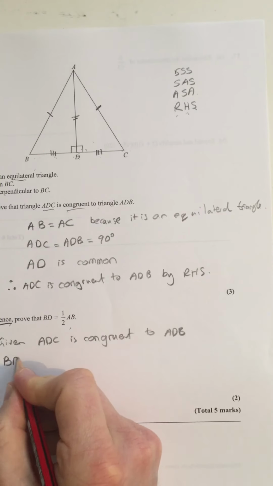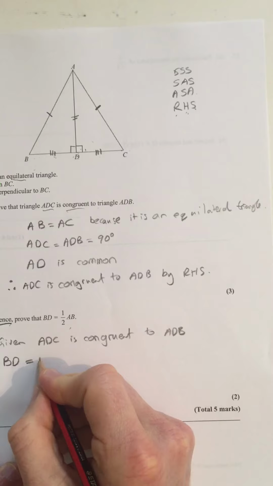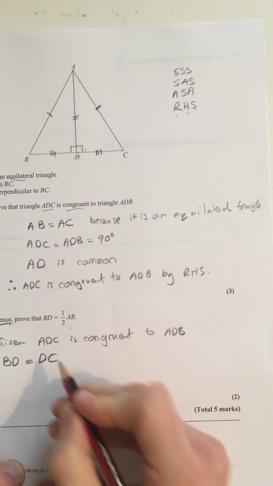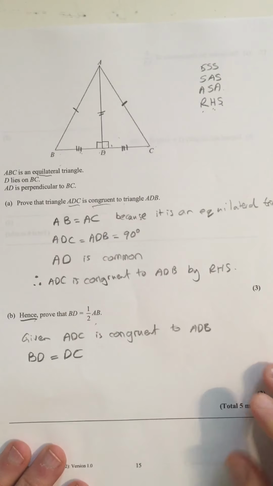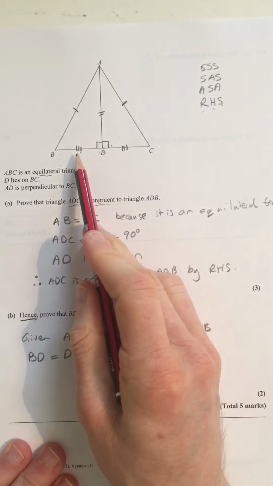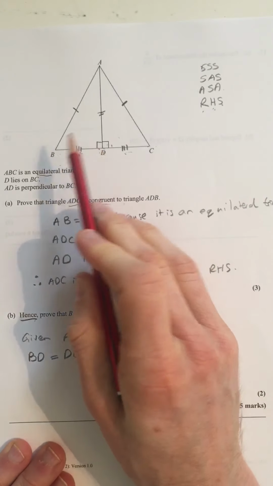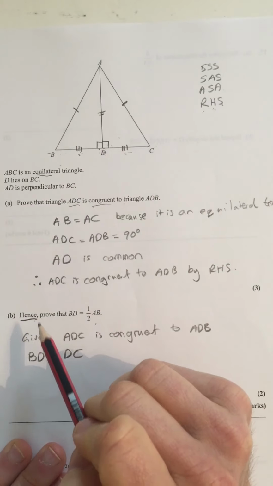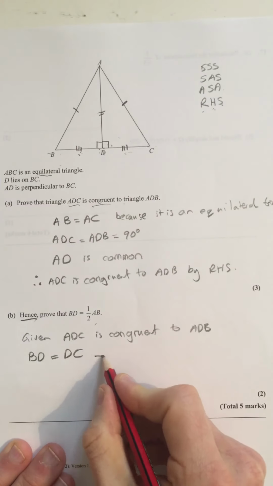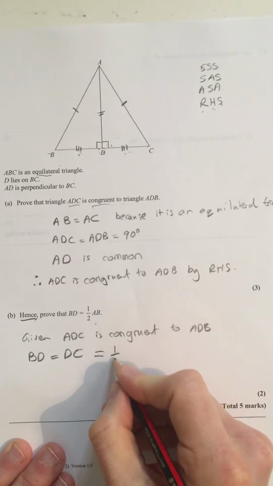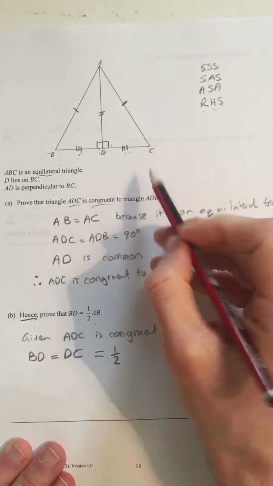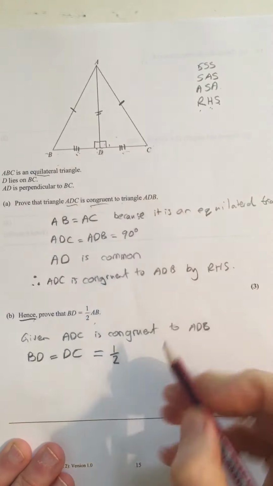So BD equals DC. Or another way of saying that is if these 2 are the same, then D is in the middle of BC. Or I could say that BD is also equal to half of the whole thing. This is half of BC.